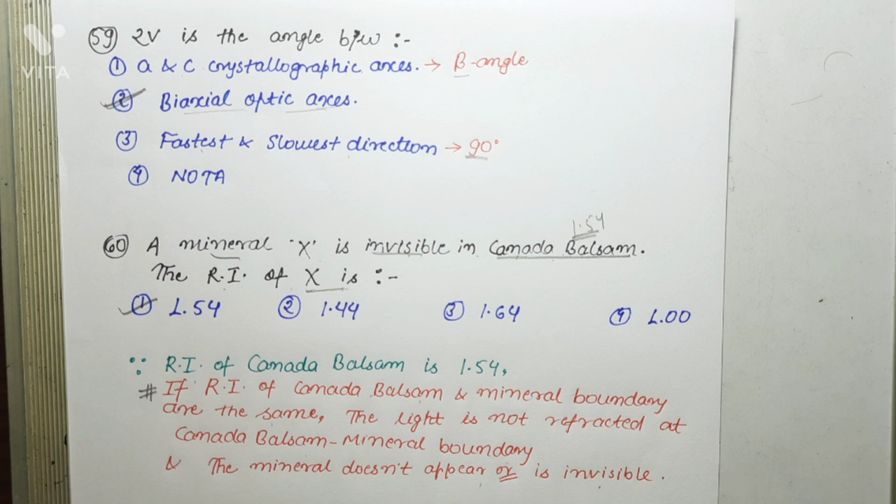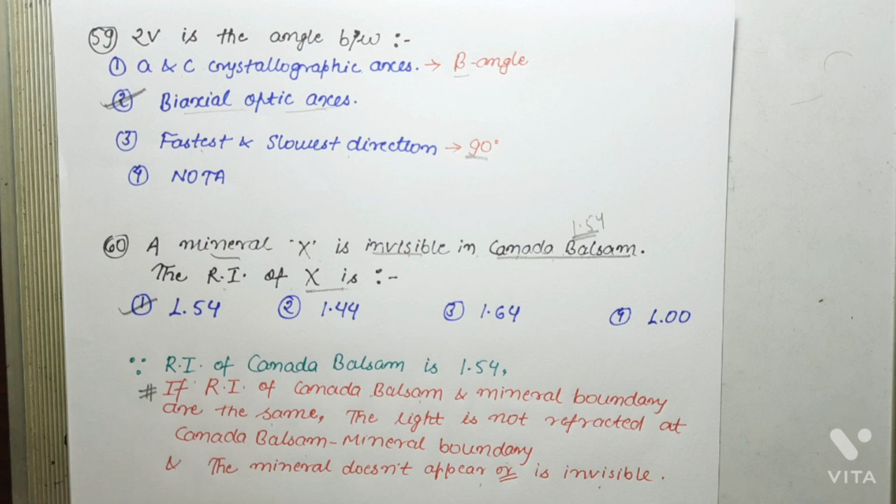The higher the difference between the refractive indices, the higher the relief of the mineral grain. It is basically of three types: high relief, moderate relief, and low relief. In high relief, the difference between the refractive index of the mineral and mounting medium is greater than 0.12. In moderate relief, the difference is between 0.04 and 0.12, and in low relief, the difference is less than 0.04. We will discuss relief in the next video.